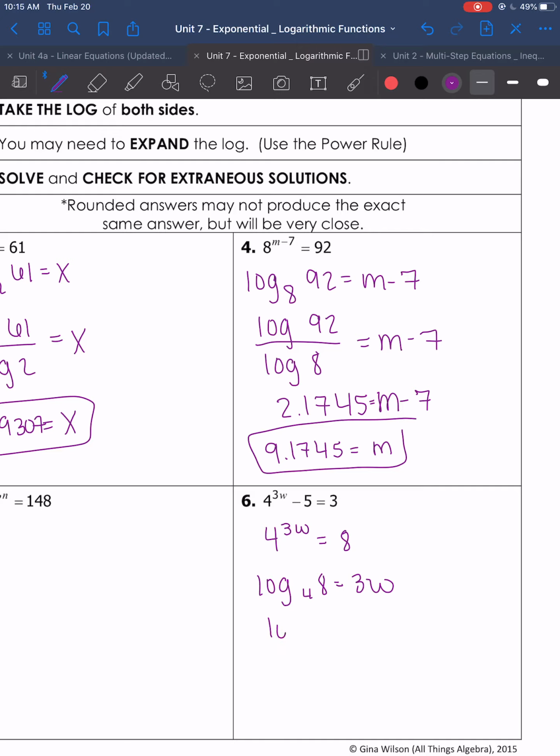So then I'm going to use my change of base formula. Log base 10 of 8 over log of 4 equals 3w. So 3w equals 1.5. And divide by 3, you get 0.5. So w equals 1/2 or 0.5.